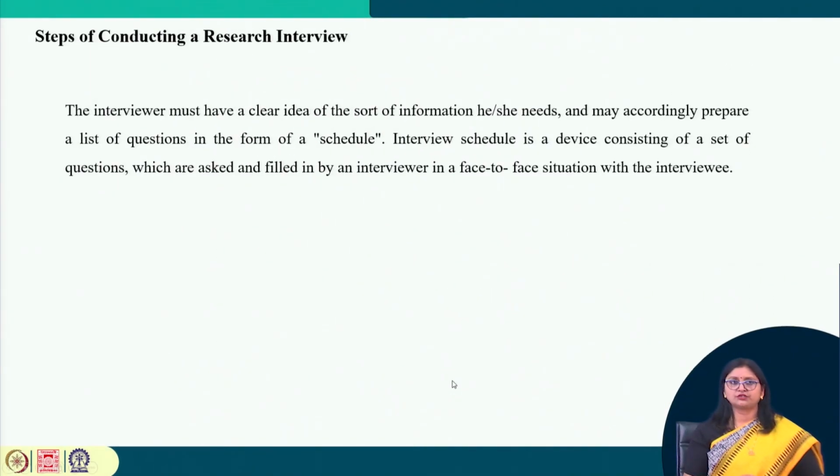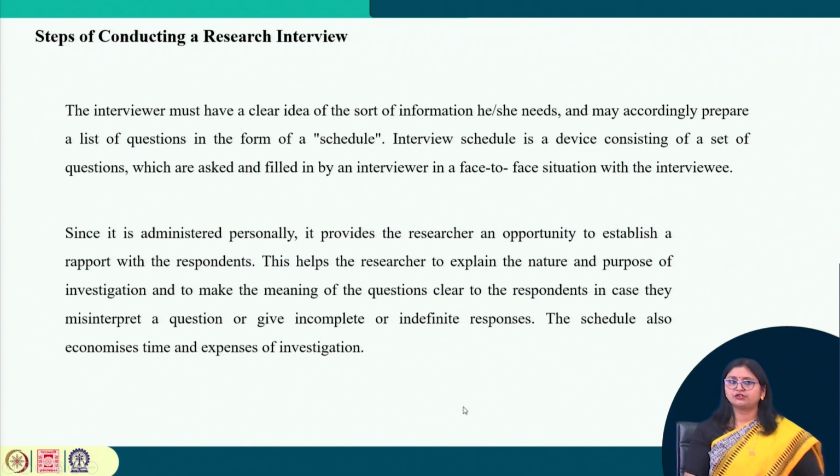in the real situation. The interviewer must have a clear idea of the sort of information she needs and may accordingly prepare a list of questions in the form of a schedule. Interview schedule is a device consisting of a set of questions asked by the researcher and filled in by an interviewer in a face-to-face situation with the interviewees.